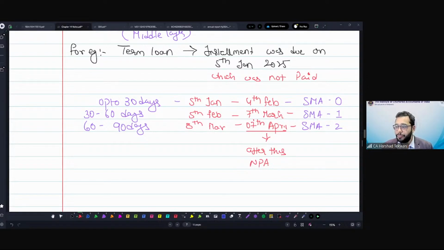Any doubts? Any doubts till now? What is meant by SHG loans on page 14.94? Just let me check which loans you are referring to.